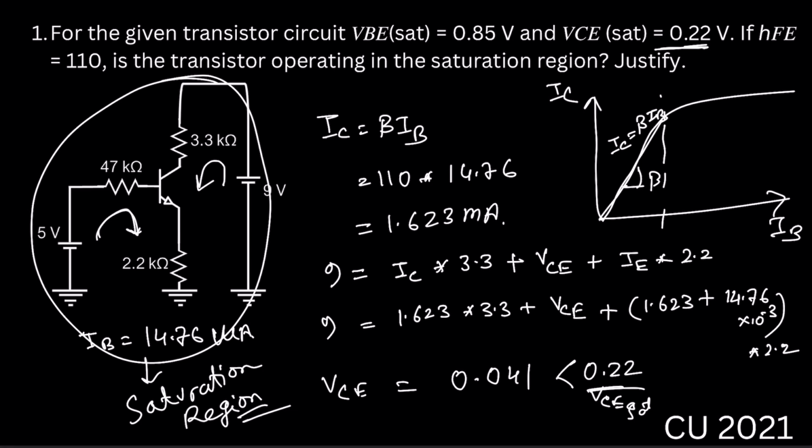Now if we need to calculate the value of IB and IC, what you need to do is take the input loop KVL with 0.85 volt as VB and the output loop KVL with VC at 0.22. Then you can easily get the value of IB and IC.